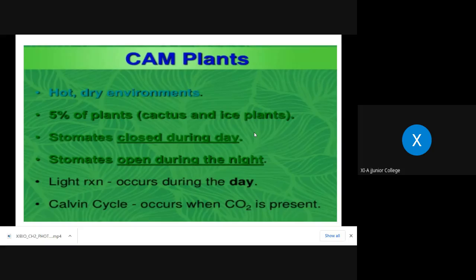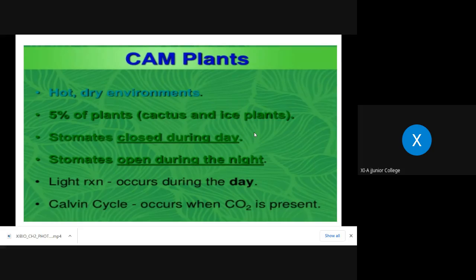About 5% of the plants, like desert plants such as cactus, show this type of metabolism called crassulacean acid metabolism, where crassulacean acid is formed, and the members of the family Crassulaceae show this mechanism, where stomatal opening and closing takes place at a specific period.